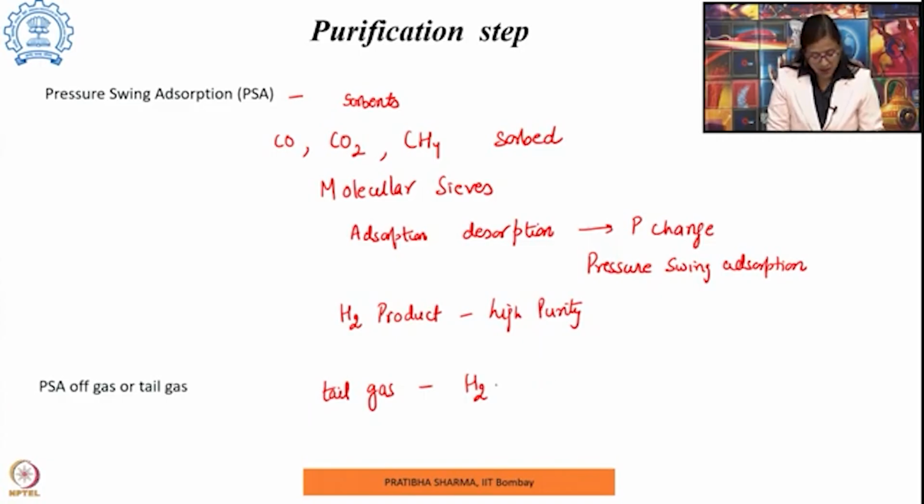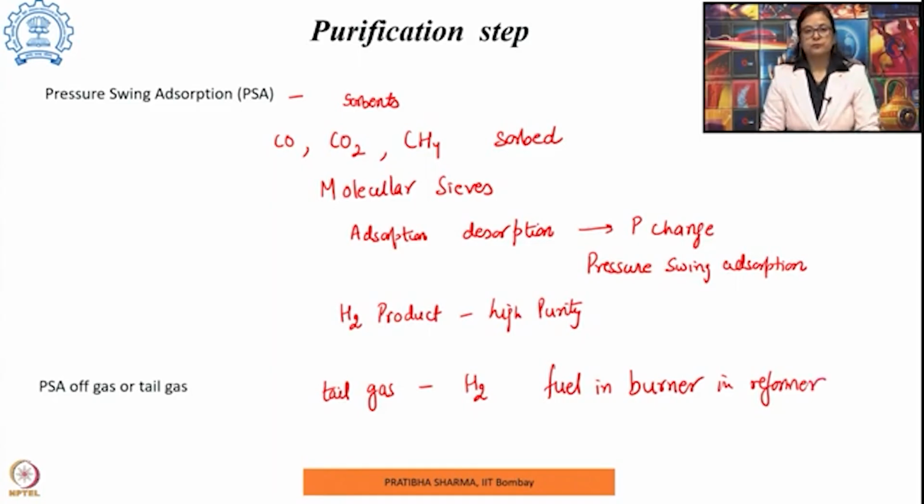So, this off gas or tail gas from the pressure swing adsorption can be used as a fuel in burner in the reformer. So, this is about the purification step involved, the last step in the steam methane reforming.